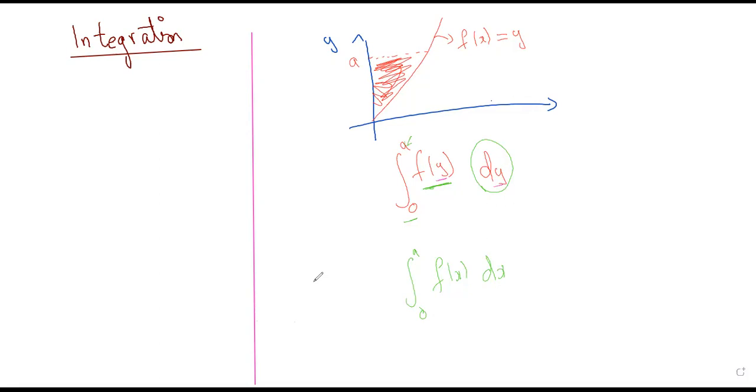Okay. Now the last thing is you have area under two curves. Basically, this time around, we were talking about a curve and the axis. Let's say you have two curves.